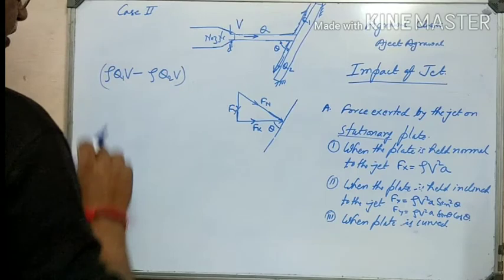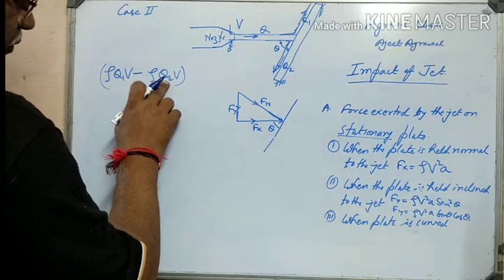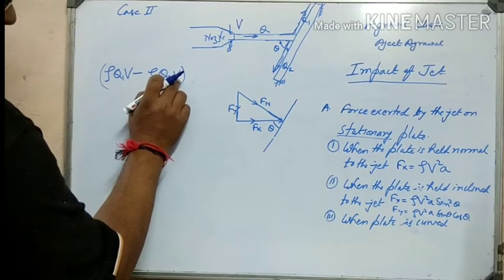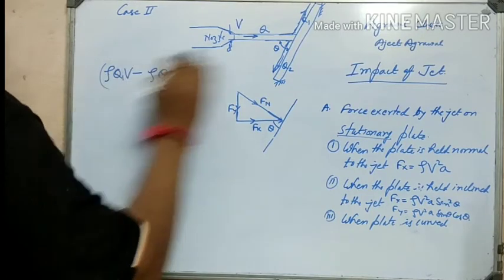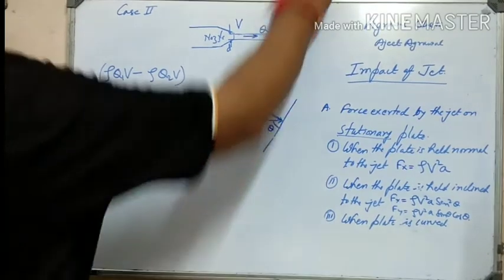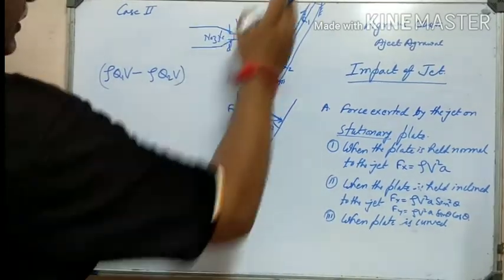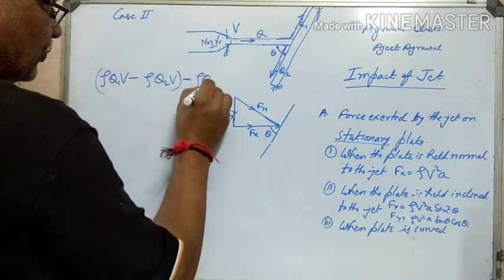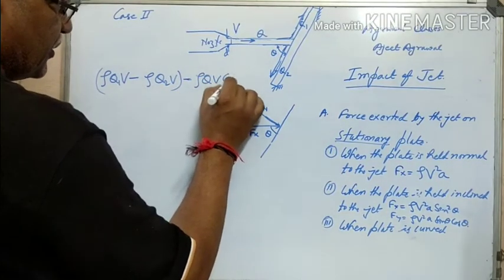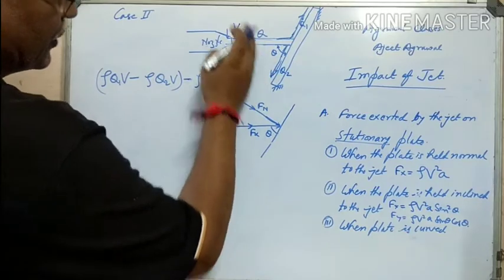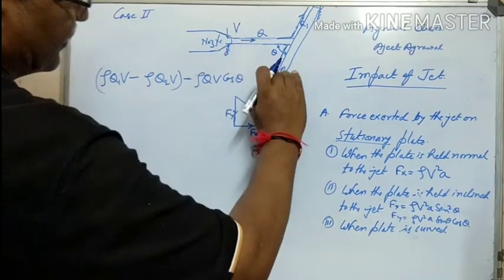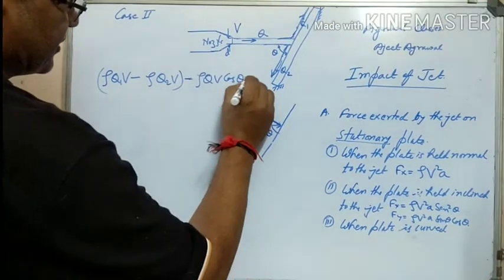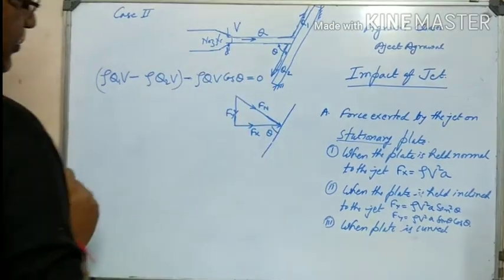If Q is the volume and rho is the density, then this becomes the mass multiplied by velocity. So this is the force in this upward direction minus rho Q V cos theta. Rho Q V cos theta gives me a component in this upward direction, and this change in momentum will be equal to 0.